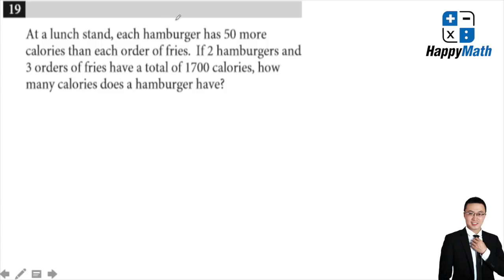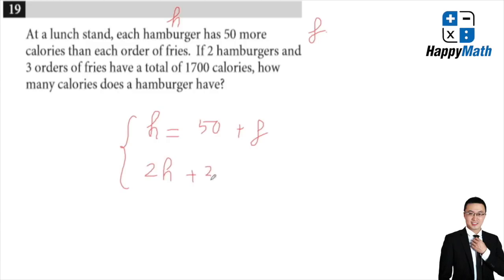Hamburger, I call it h, and fries, I call it f. So the first equation: a hamburger has 50 more calories than fries, it means h will be equal to 50 plus f. And the second one, you got 2 hamburgers, 3 fries equal to 1070.